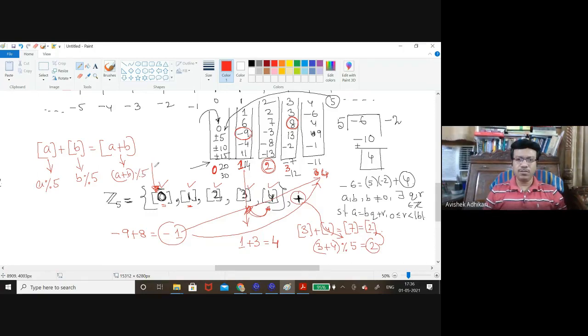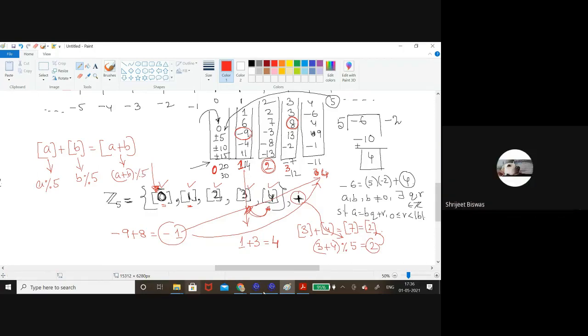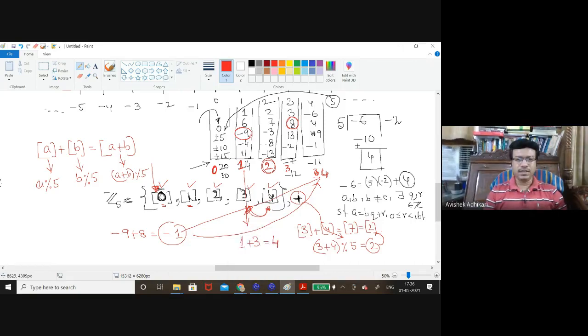Now it's clear to all of you? Yes, sir. If I consider this, then it can also be shown that Z5 with respect to the addition as I have just defined is a group.